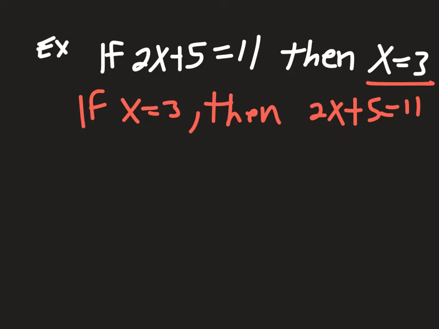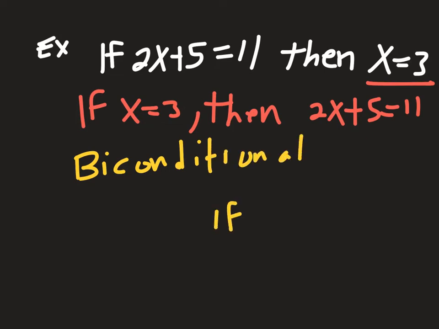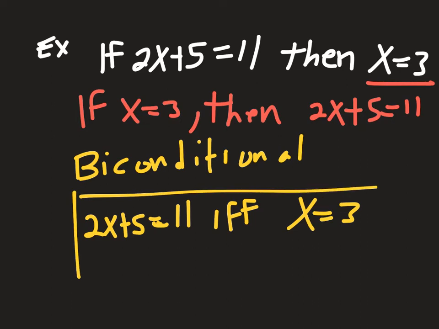And so to write the biconditional, instead of if and then, we're going to put the words if and only if in the middle. So we're going to say 2x plus 5 equals 11 if and only if x equals 3. And that's our biconditional. So it combines both statements into one. Very handy.